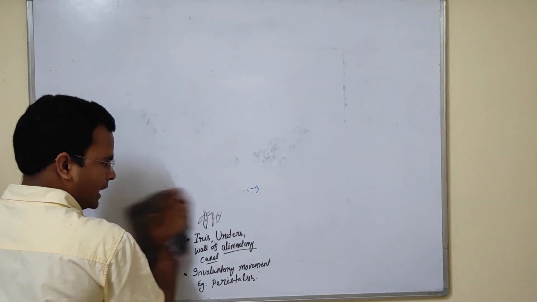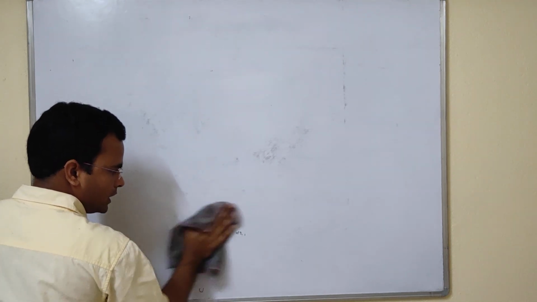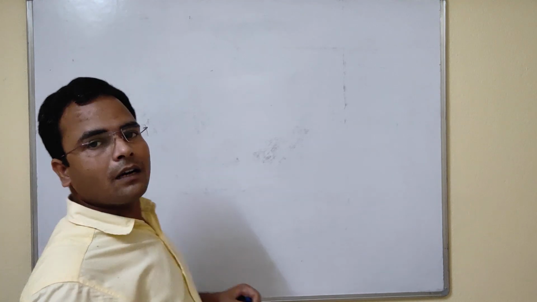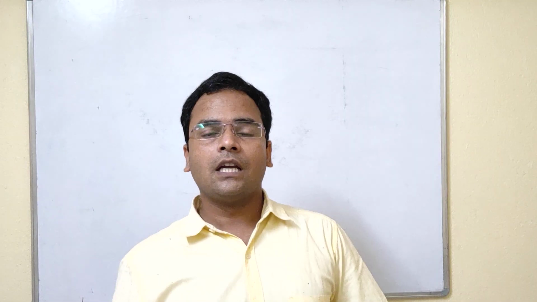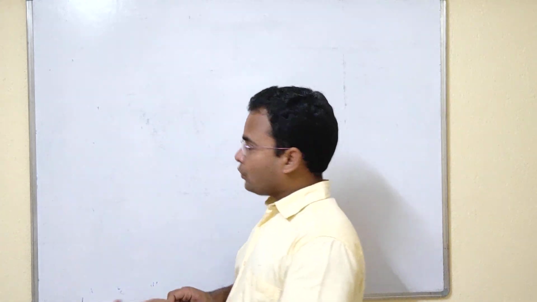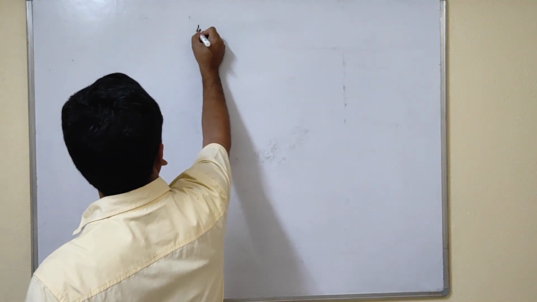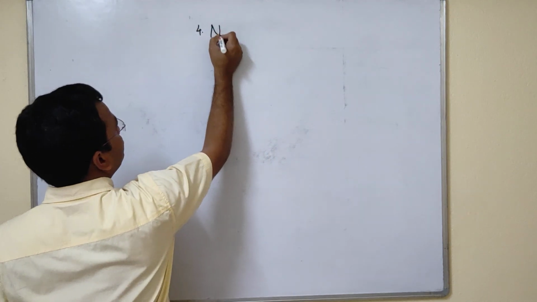Actually, most of the topics of grade 9 are replicated in a broader form in grade 11. These topics are common for all, so both students can get help from here. So the fourth type of tissue is the nervous tissue.